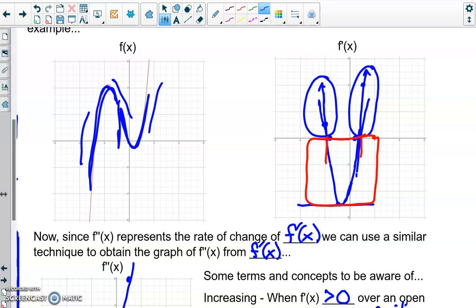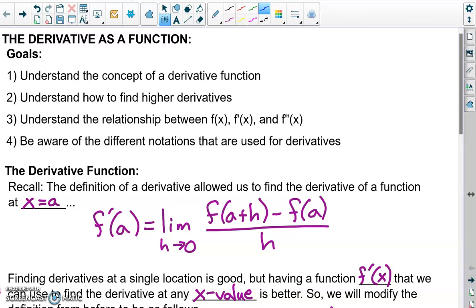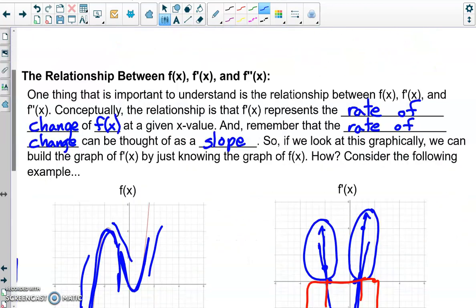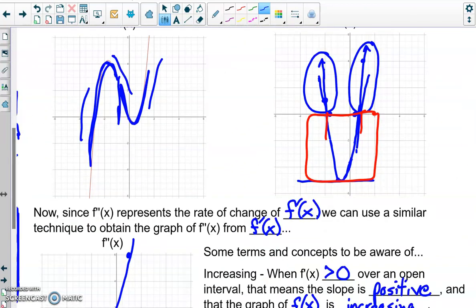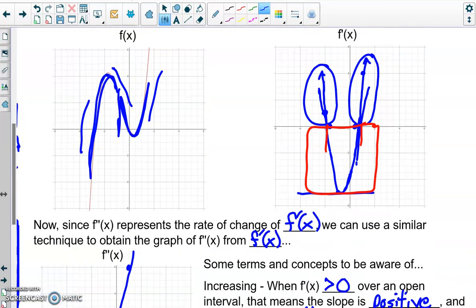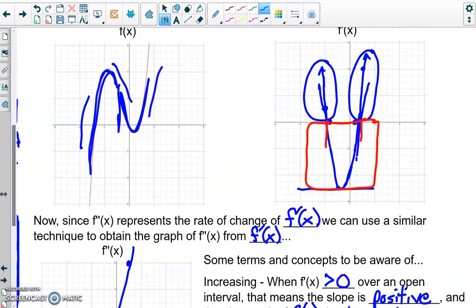And then with the double prime, sorry about that, having tech difficulties. Whenever your f double prime was above the x-axis, you had cupped up, concave up. And wherever the f double prime is negative, that tells you your original f of x graph is concave down.